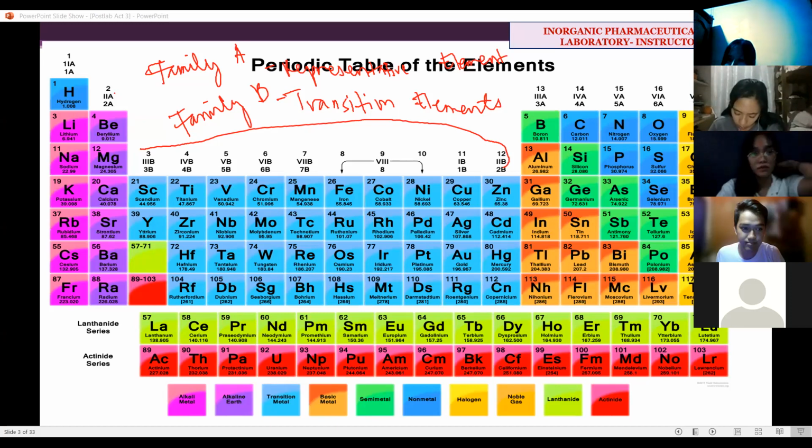Because we need that for our next activity, which is about naming chemicals. I'll be giving you a chemical formula and you have to give the name, and vice versa: I'll be giving you names and you have to give me the chemical formula. That is our next topic. So in preparation for that, I need you to be familiar with the names and symbols of the elements.